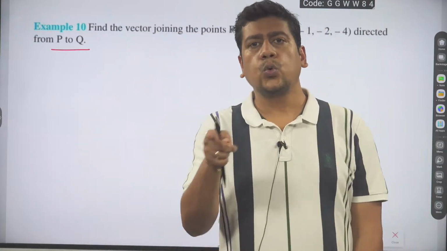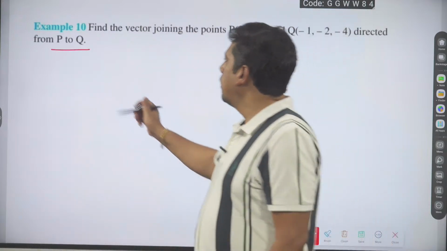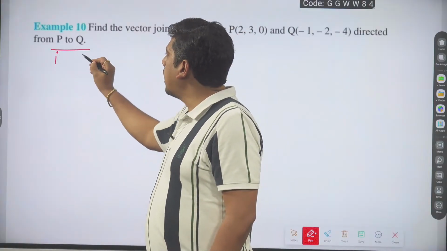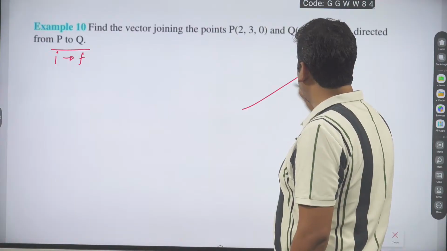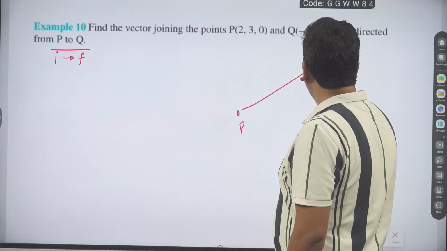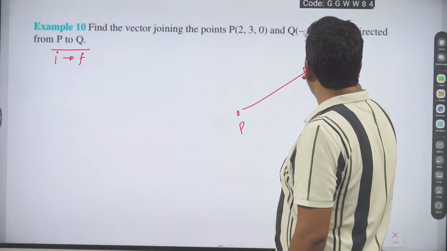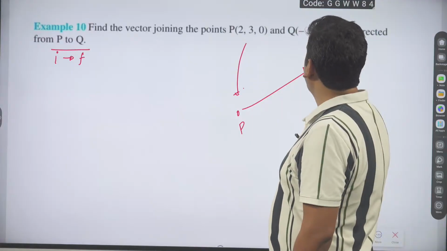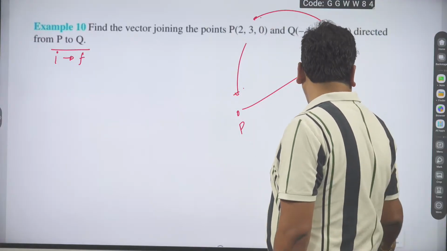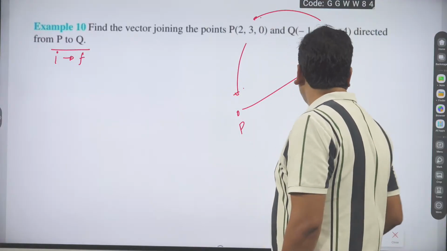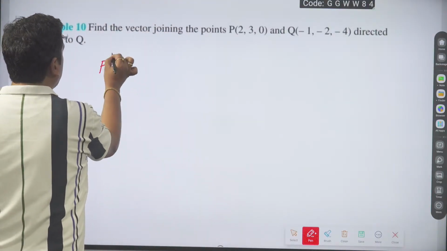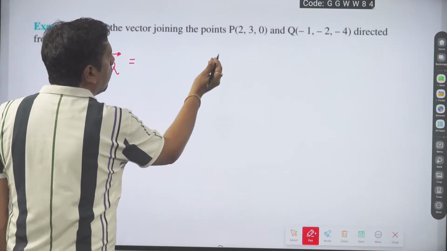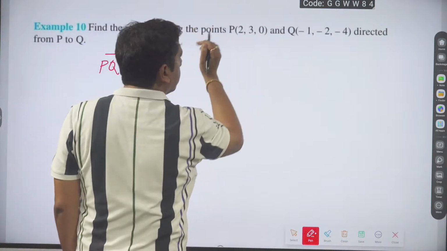From P to Q. That means P is initial and Q is final. So this is Q and this is P. So we should do final minus initial, correct? Final minus initial. So PQ vector should be Q minus P, right?